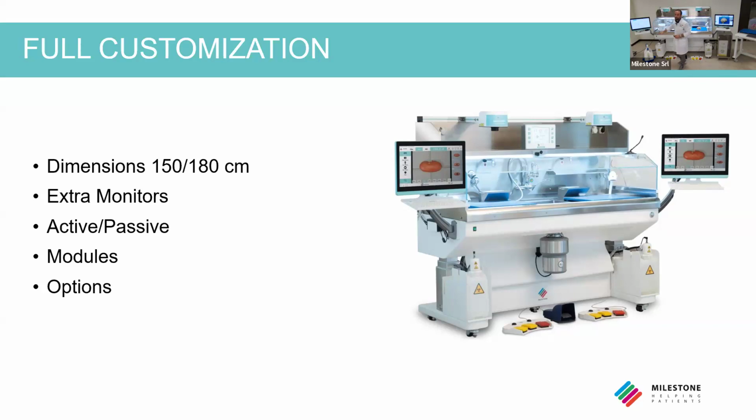There is a bar on which you can mount a screen for the cassette printer, a screen for the slide printer, or a monitor for your own LIS system. So, full customization. Also, it is possible to have an active or passive model. That means active has motors built in, while passive uses the ventilation of the laboratory.